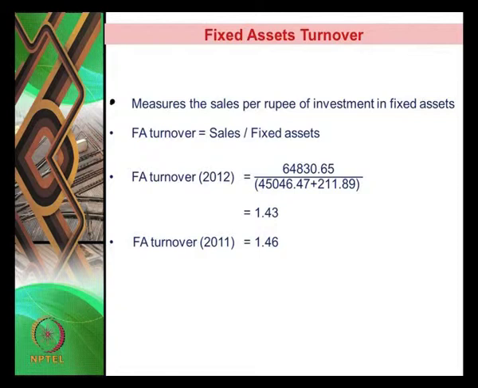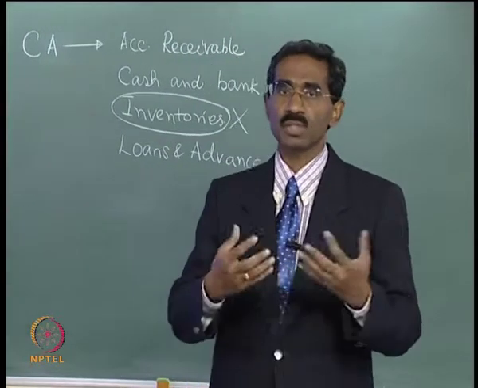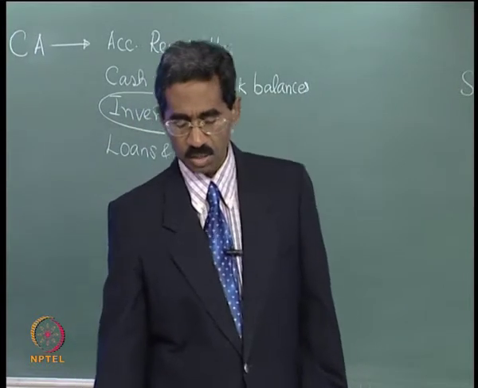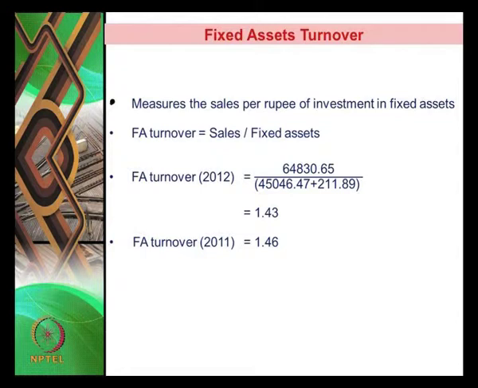The expression for fixed assets turnover is nothing but sales divided by your fixed assets, and this gives you an indication of how much the company has been able to generate in terms of sales for a given investment in fixed assets. For the year 2012 the fixed assets turnover for NTPC works out to be 64830.65 crores divided by fixed assets.